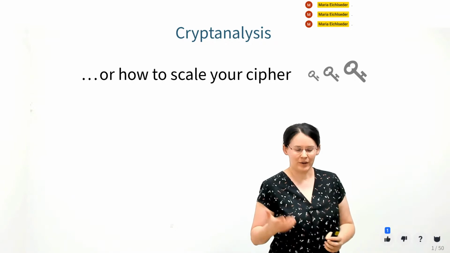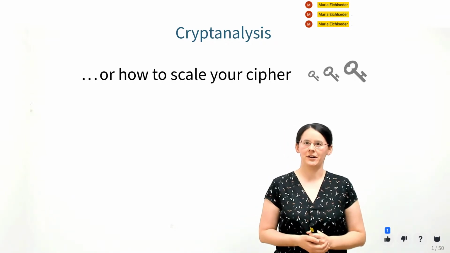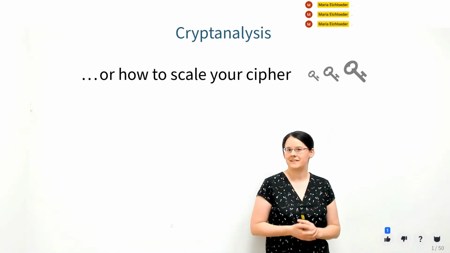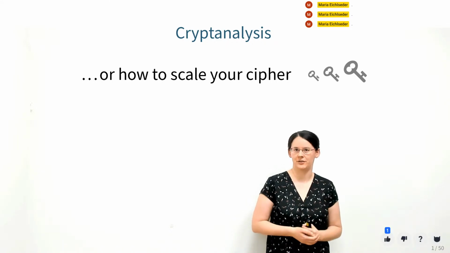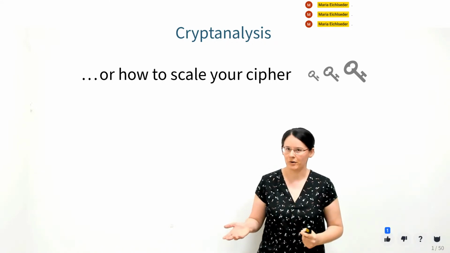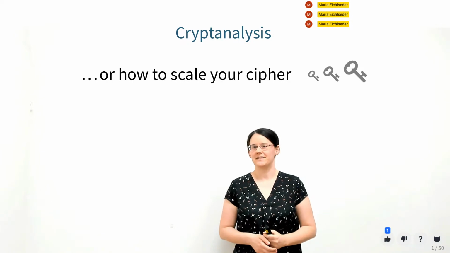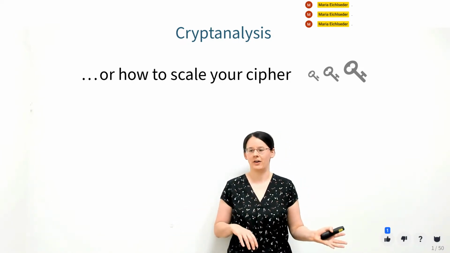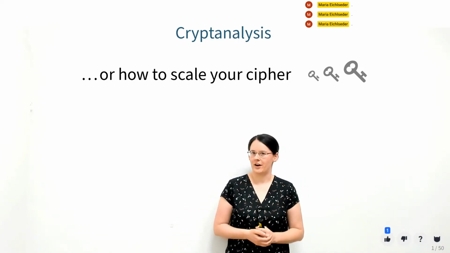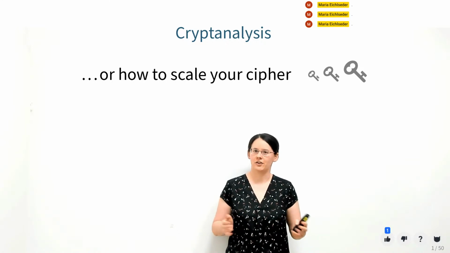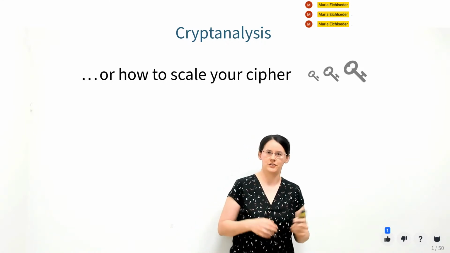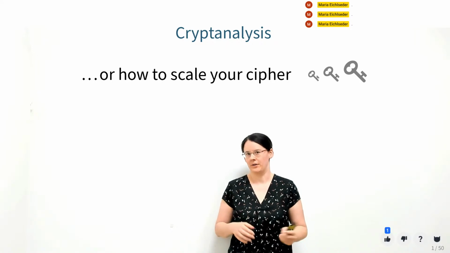The goal, or what I want to tell you about here, is primarily how to properly scale your cipher to get something secure. So in cryptography, you probably know, we very often talk about things like key sizes, number of rounds, and a variety of other parameters that we can scale our cipher with. We can choose larger or smaller keys, more or fewer rounds.